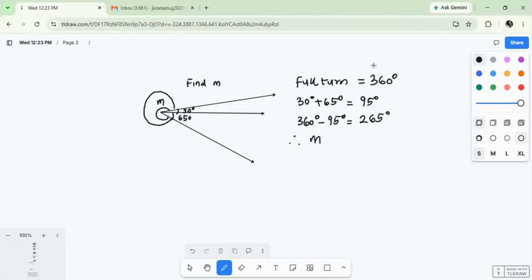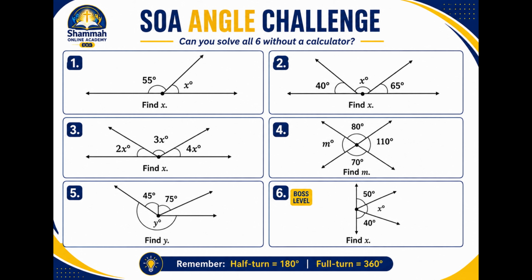Therefore, m is equal to 265 degrees. There's another important exam tip here. If your answer is greater than 180 degrees, don't automatically assume you've made a mistake. You may actually be dealing with a reflex angle, like in this case, where we have 265 degrees.